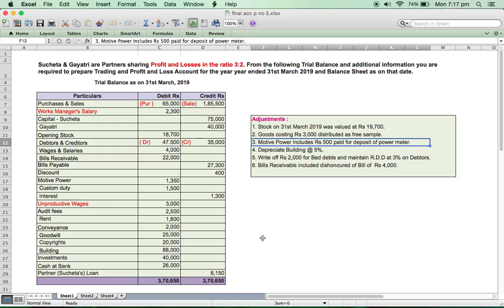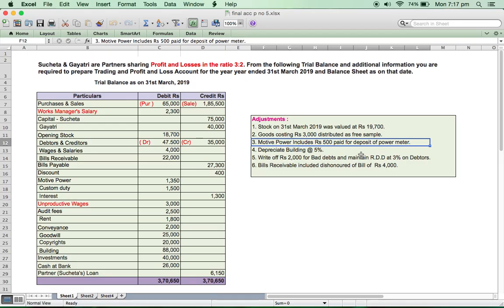Next adjustment is motive power includes rupees 500 paid for deposit of power meter. Now when we are talking about motive power, this is posted to trading account debit side, but it includes rupees 500 as deposit. So this is a refundable amount paid for a power meter and hence it is not an expense, but a receivable.